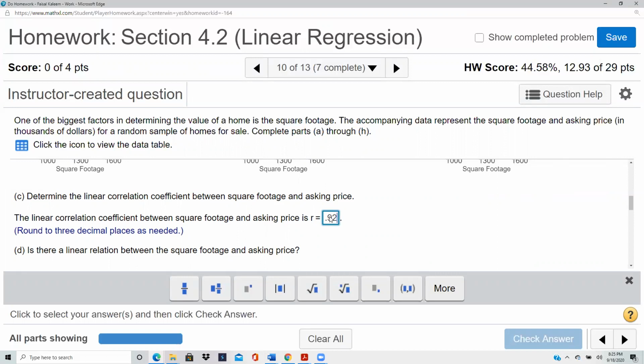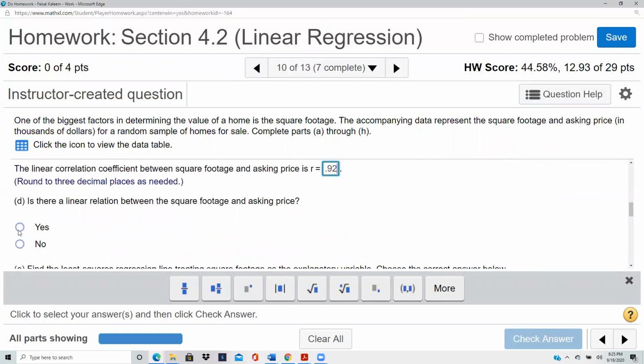In this course, if you get more than 0.9 and there are no critical tables given in the problem, then you can say that yes, there is correlation.